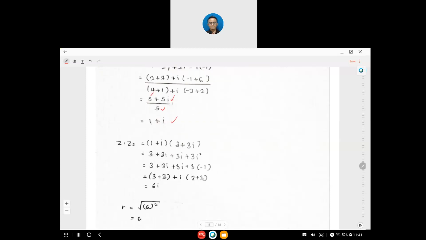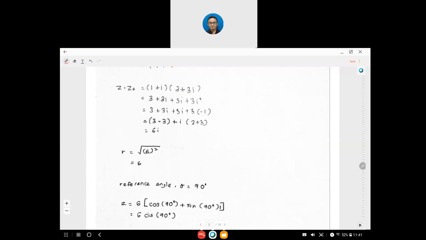And then 1 plus i times by 3 plus i, expand this one, you can get 3 here and then 3i plus 3i square. So 3i square is negative 3. 3 times by negative 3 becomes 0 here. And then 6i. So your final answer is only 6i.